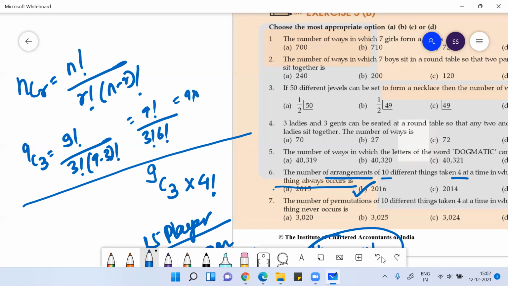So if I solve this, 9 into 8 into 7 into 6 factorial by 6 factorial, 3 factorial is 6. This is 12, this is 84. Clear everyone?